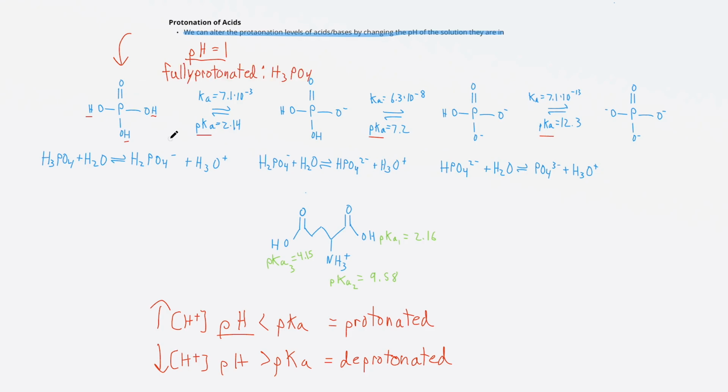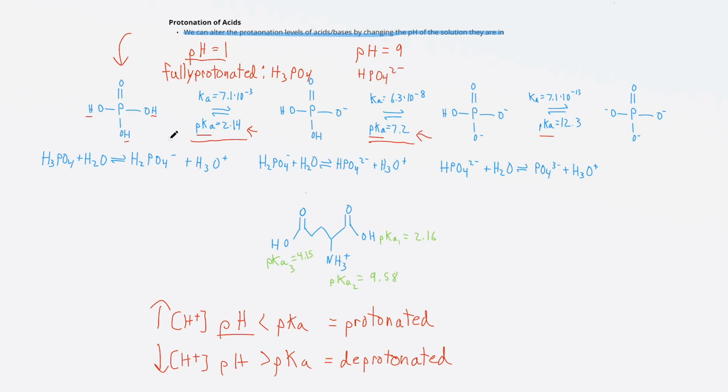Now if we pick another pH, let's say pH of 9, that pH is more than our first pKa, and it's more than the second pKa. So that means that one hydrogen is going to pop off because it's more than 2.4, and then a second hydrogen is going to leave because the pH is more than 7.2. So then our molecule at a pH of 9 would only have one hydrogen left. So then our molecule would be HPO4 2-.